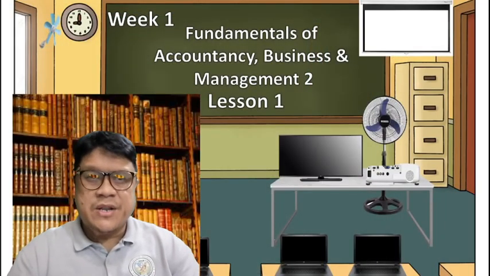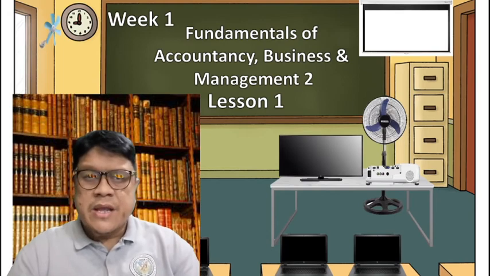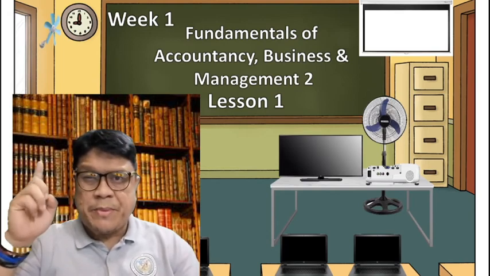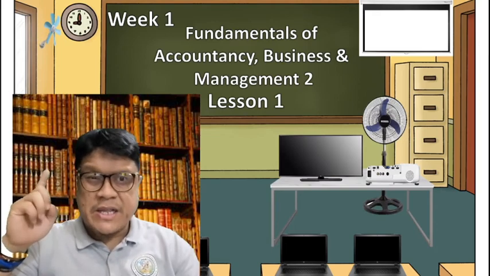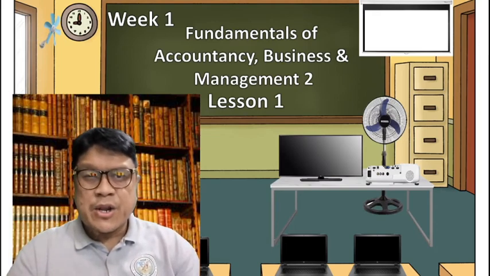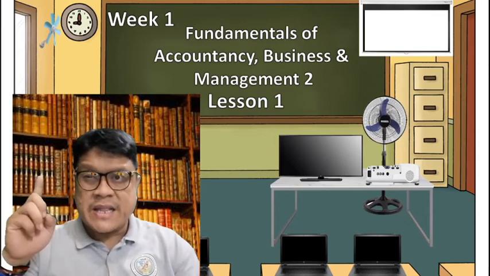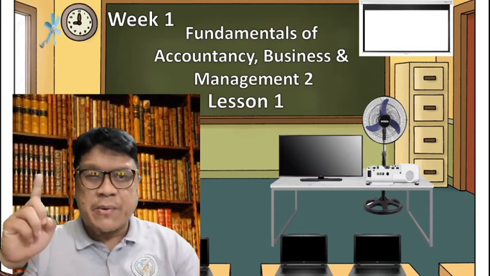In today's lesson, we discussed and understood the different accounts found on SFP, or Statement of Financial Position, also known as the balance sheet, permanent accounts, and contra-asset accounts. We also discussed the definitions of asset, liabilities, and owner's equity.